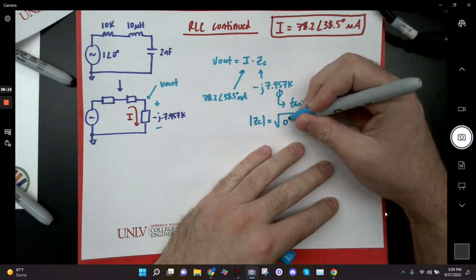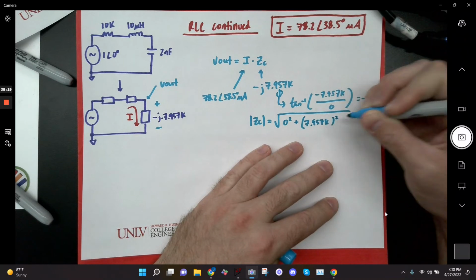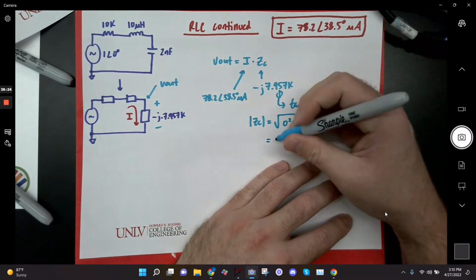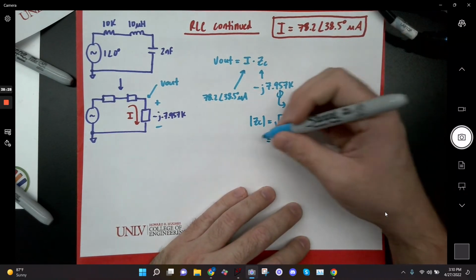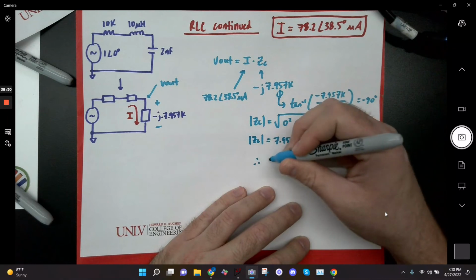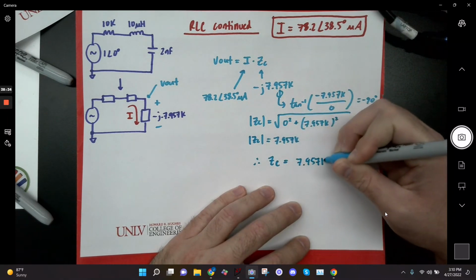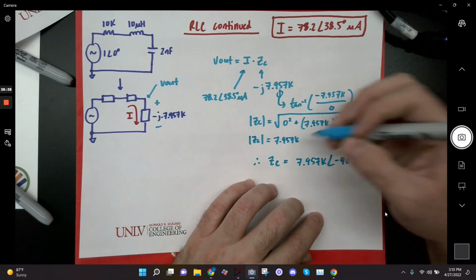So it's basically 0 squared plus 7.957K squared. Well, clearly the square root of the square goes away, so that's just 7.957K. Therefore, ZC is 7.957K angle minus 90 ohms.